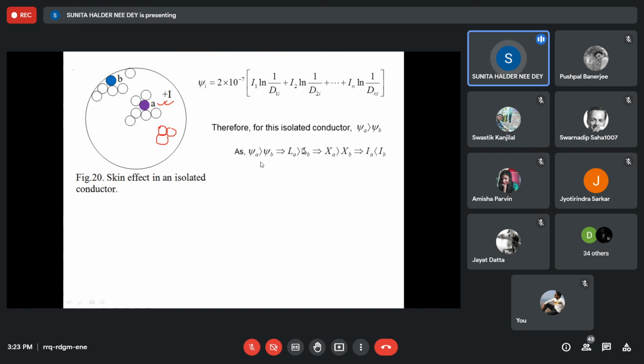Now psi A greater than psi B, if the flux linkage is more, then L will be more, then inductive reactance will be more, then current will be less. So current will not be uniformly distributed throughout the cross section of the conductor, right? If the current is not uniformly distributed, then what happens? Loss is increased. If loss is increased, we may represent that mathematically by an increment in resistance.